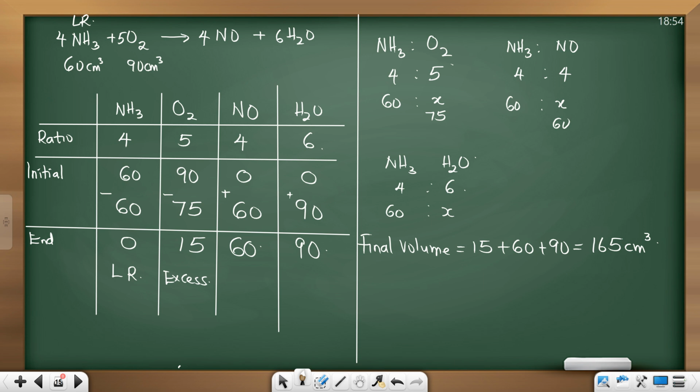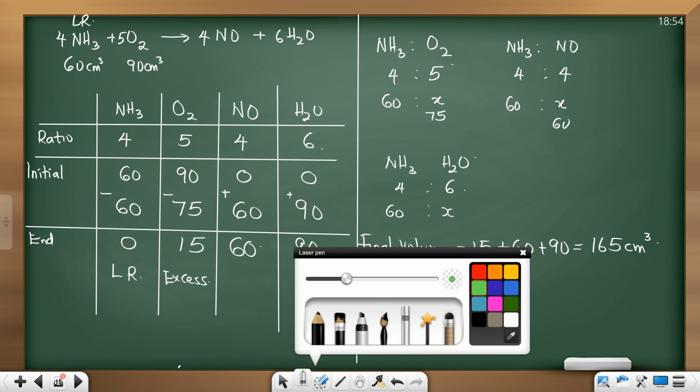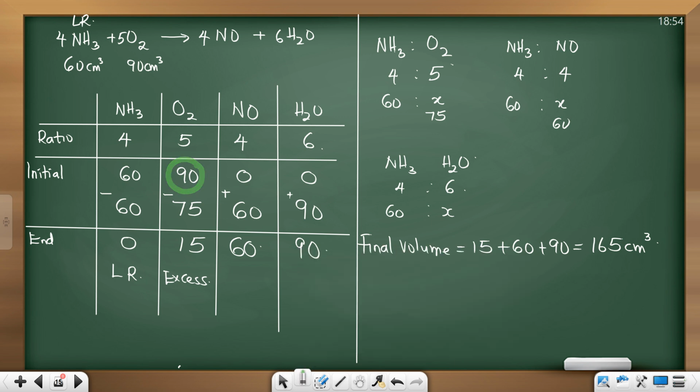What do you mean? The 90 here is the 90 that was given. Out of 90, we use 75 here. Oxygen, 4 to 5, so 60 to X. 75. So we used 75 out of the 90 given.